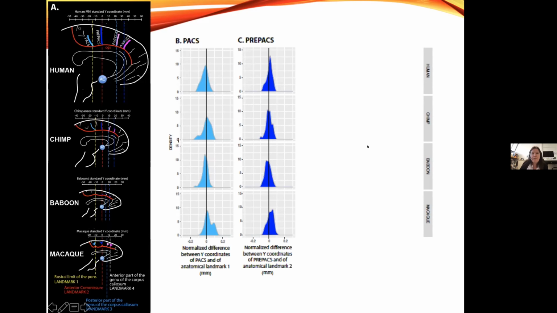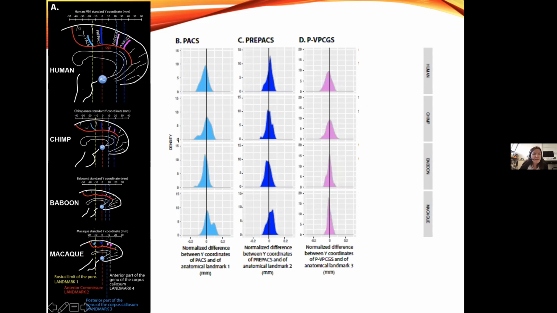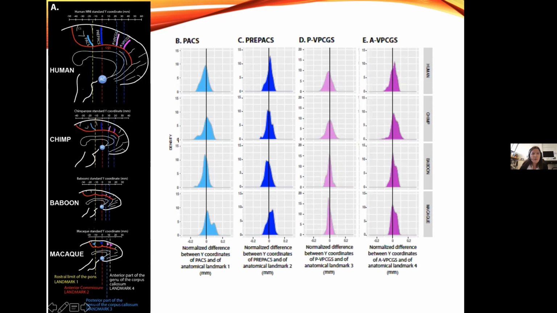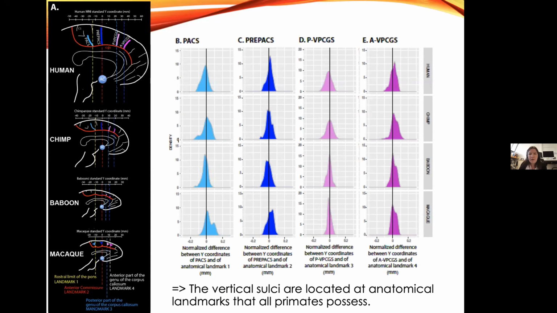The VPCGS here is located at the caudal limit of the genu of the corpus callosum in all primate brains, and the anterior vertical paracingulate sulcus is located at the rostral part of the genu of the corpus callosum. So this means that these sulci are well preserved in this region in all primate brains, and they are located at anatomical landmarks that are present in all primates.